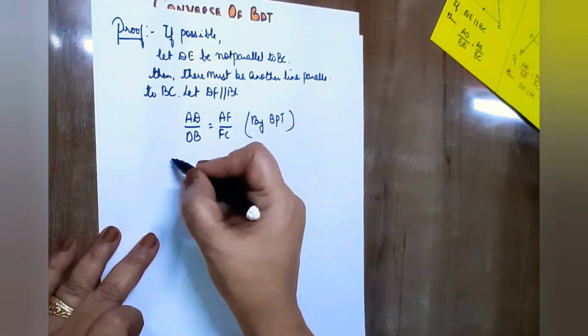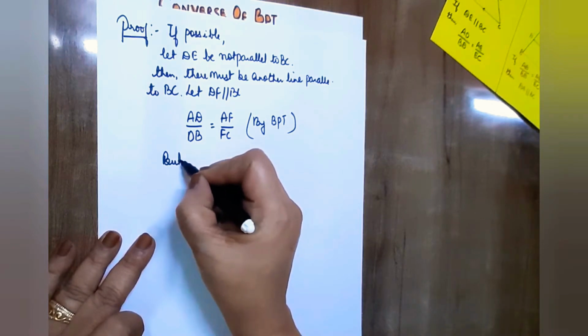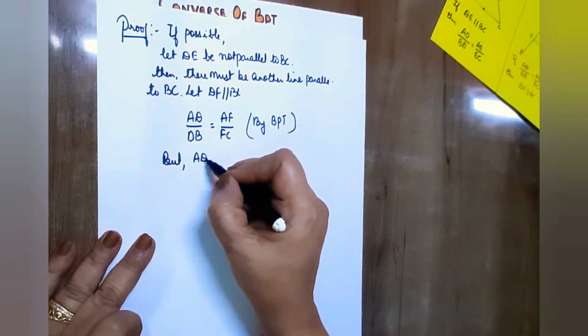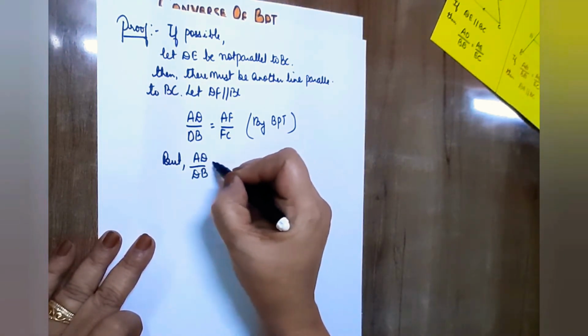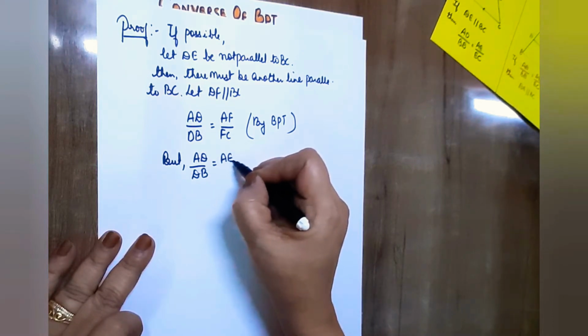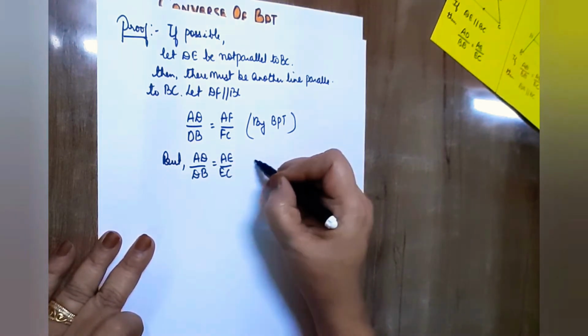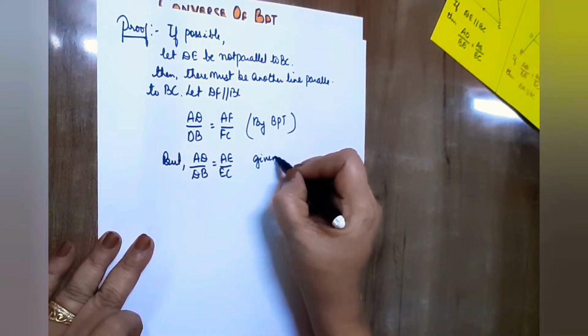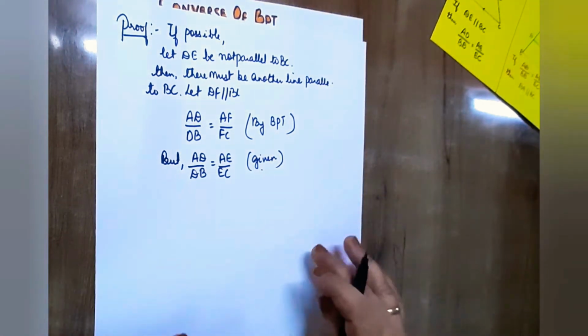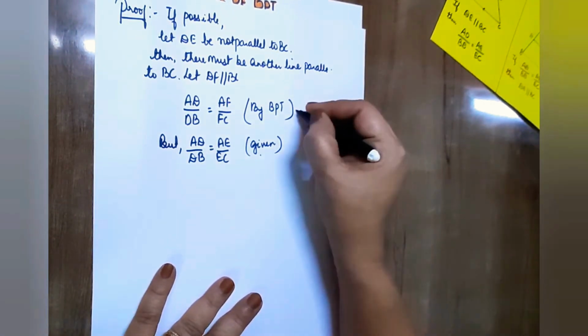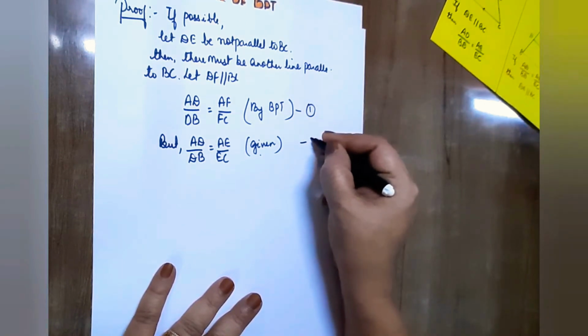But here, AD by DB is equal to AE by EC. How? It is given in the statement. Then we'll mark these as equation 1 and equation 2.